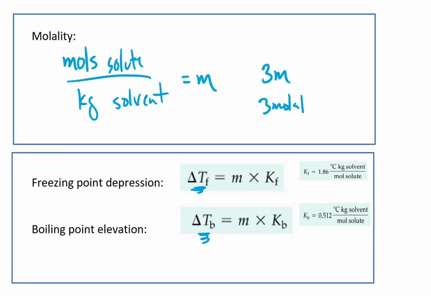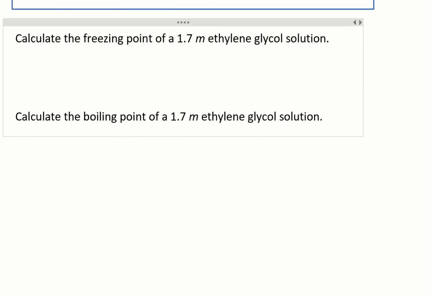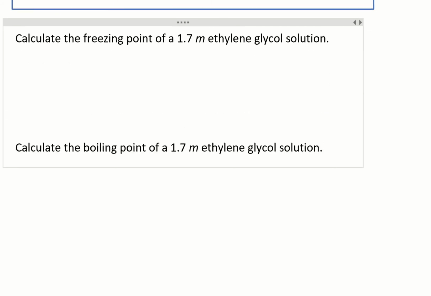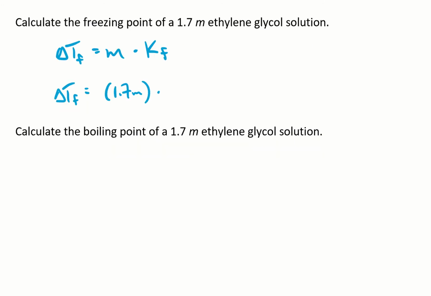So let's take these equations, take these constants, and calculate the freezing point and the boiling point of a 1.7 molal ethylene glycol solution. As shown above, the change in temperature of the freezing point is equal to the molality times a constant. So the change in temperature of the freezing point is equal to 1.7 molal times 1.86 degrees Celsius per kilogram of solvent divided by mole of solute.